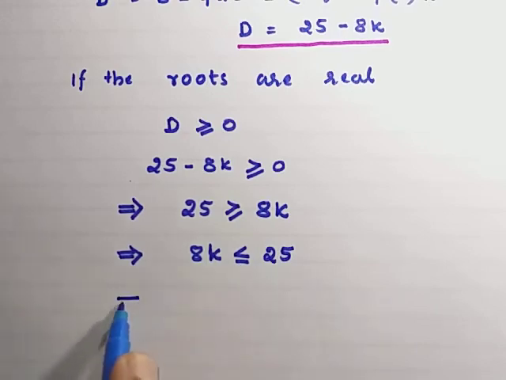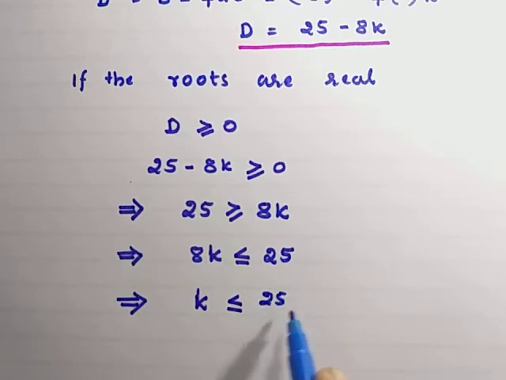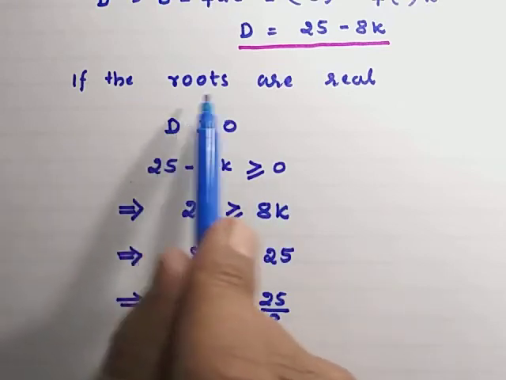This gives me k is less than or equal to 25 by 8. K value less than 25 by 8 or equal to 25 by 8 will produce the roots to be real.